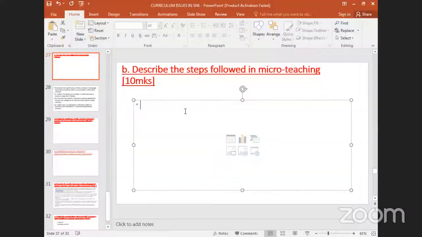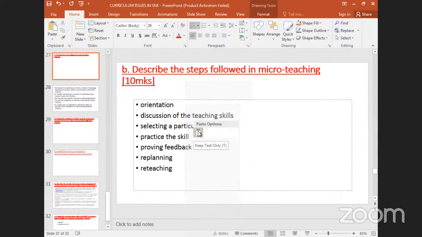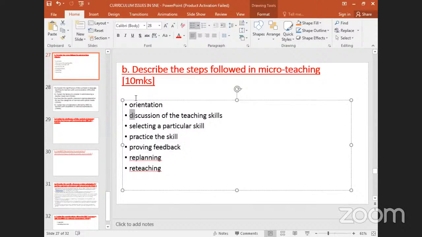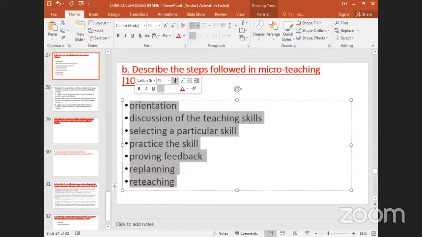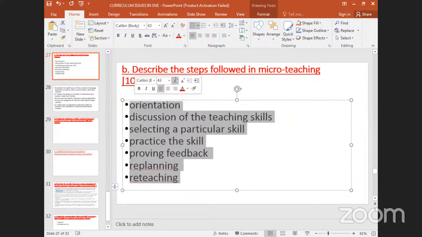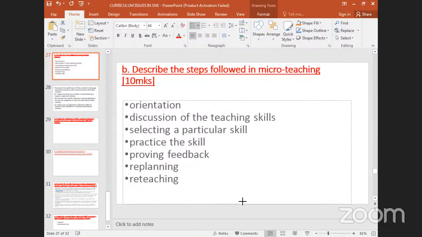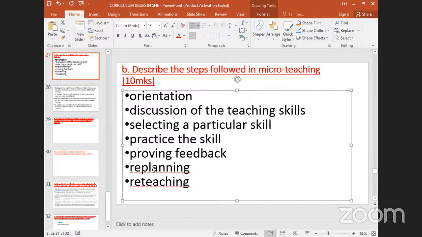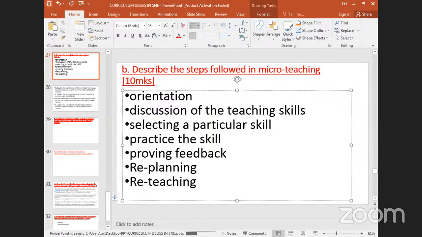Let me insert that. Yes, so there we are.